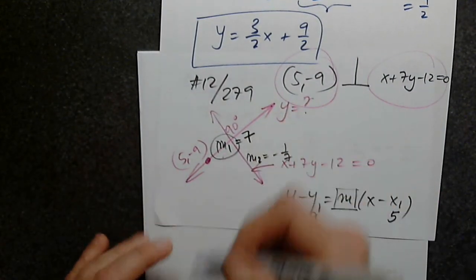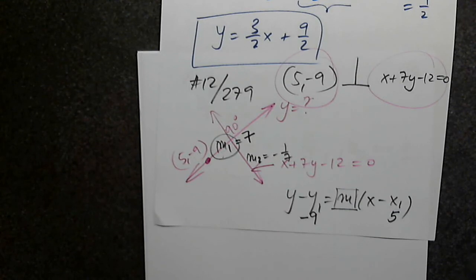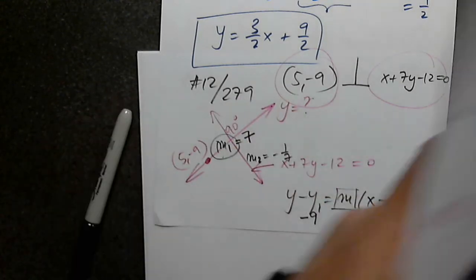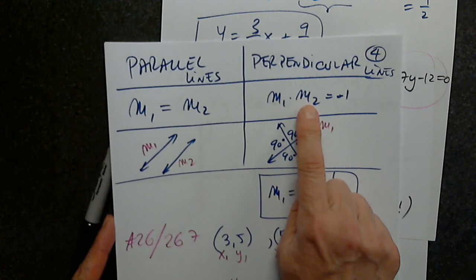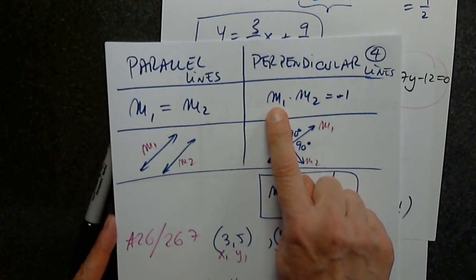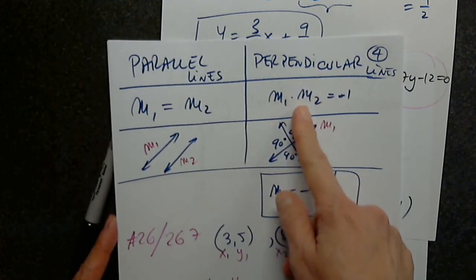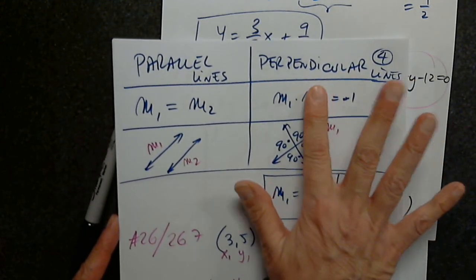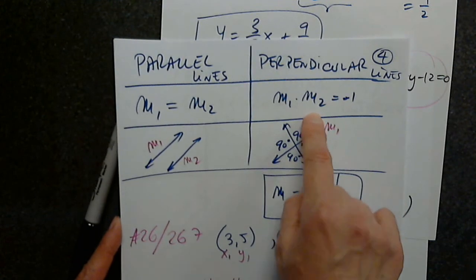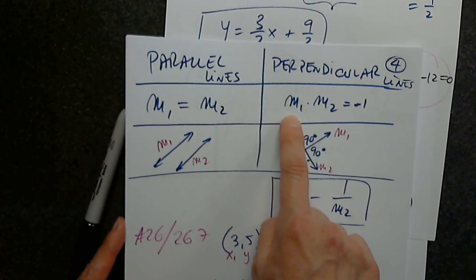Exactly. How do we know that? Here's how we know. If this one is negative 1 over 7, this one must be 7. Only 7 times negative 1 over 7 will give us negative 1. So we determine m2 is negative 1 over 7, therefore this must be 7.